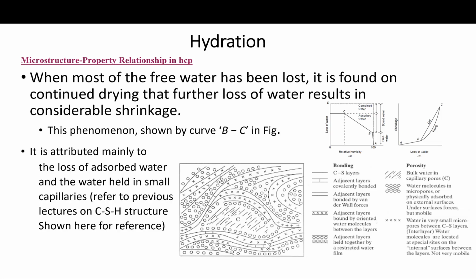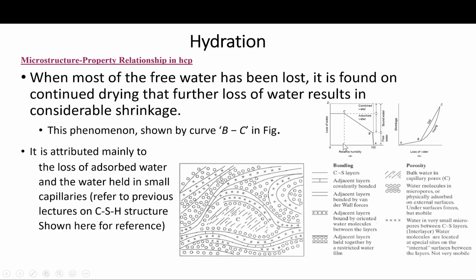When most of the free water has been lost, it is found on continued drying that further loss of water results in considerable shrinkage. This is represented by the curve BC, as you can see here.